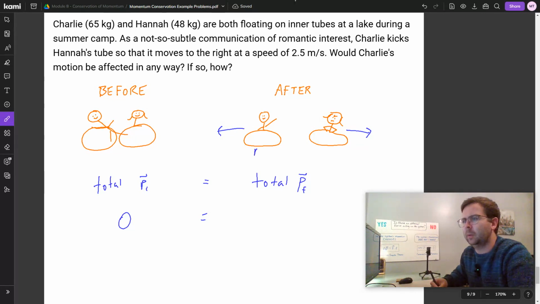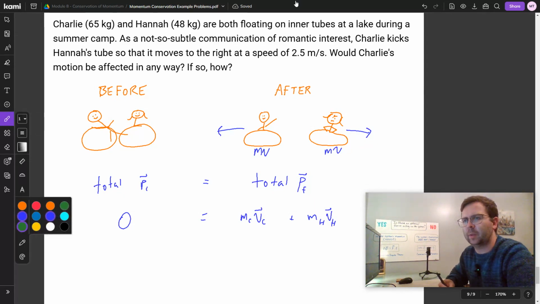So momentum is mass times velocity for each one. I'm going to say mass of Charlie times velocity of Charlie plus the mass of Hannah times the velocity of Hannah. Okay, so now I can start to put in some numbers of things that I know to be true here.